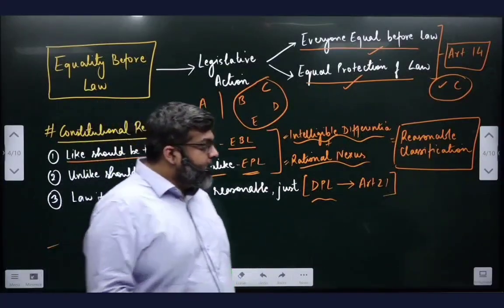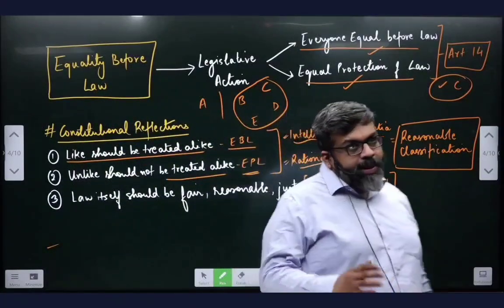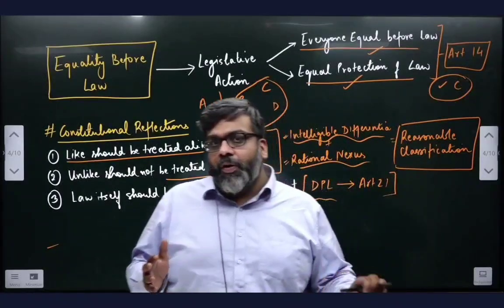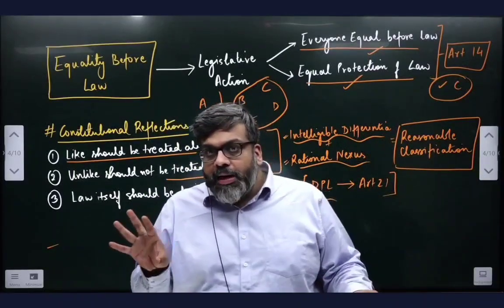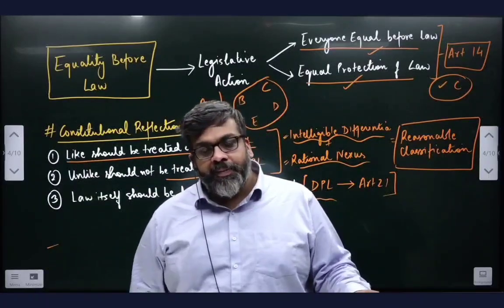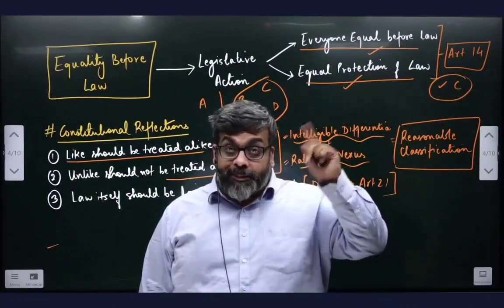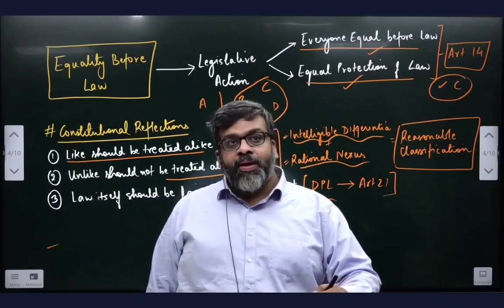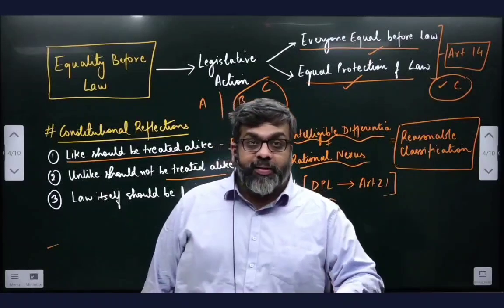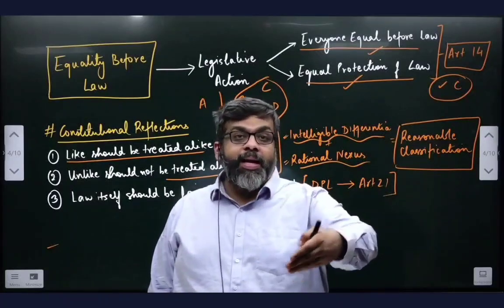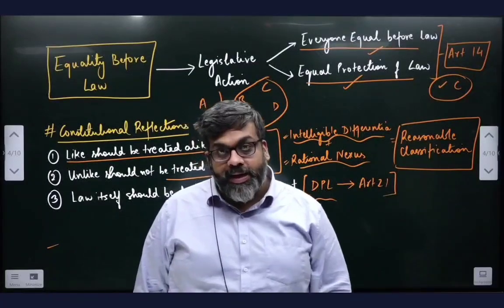Now, this means that arbitrary power plus equality before law is somehow leading us to what is called due process of law, because the absence of arbitrary power means that there is nothing unfair, unjust, or unreasonable in the way an action has been executed by the executive.